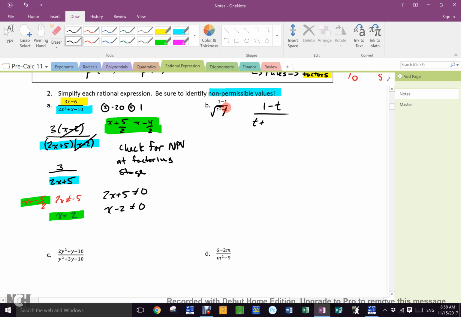Plus the square root of the second one. What's the square root of the second one? 1. And then you write it again. T minus 1. Right? Now, does any part of that look suspicious? Because right now, is there any canceling we can do? Why not?